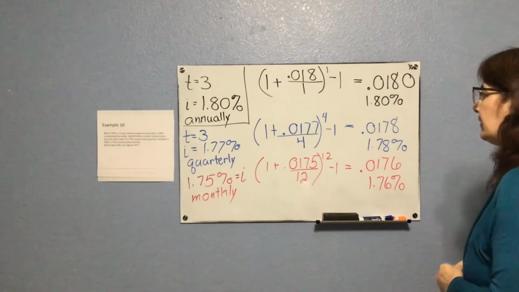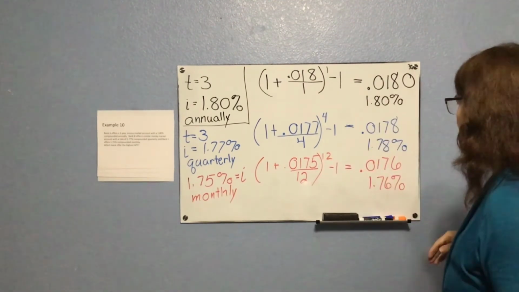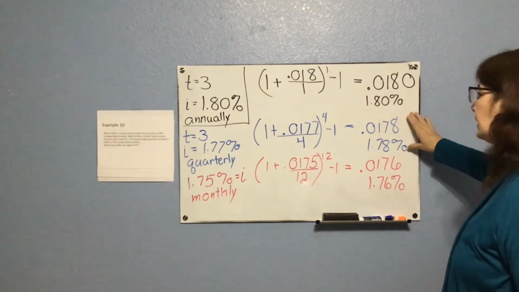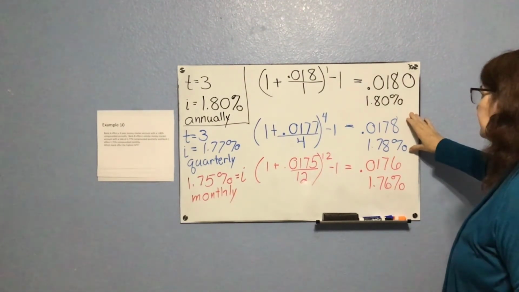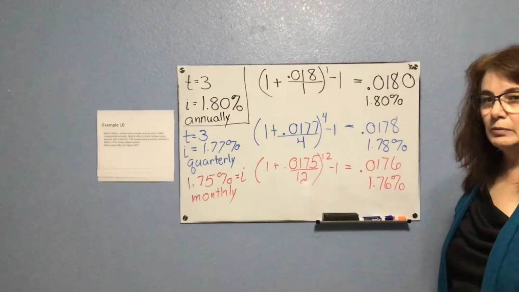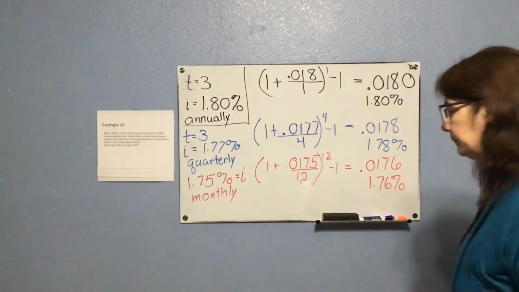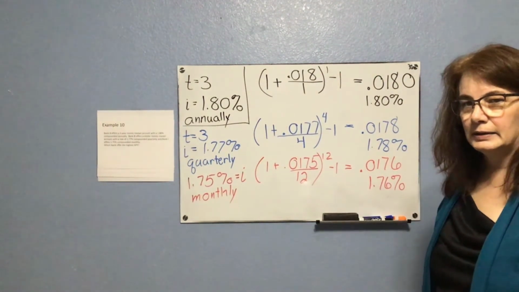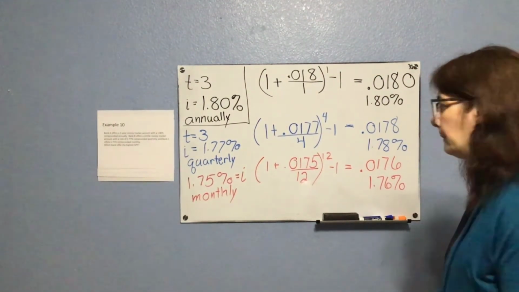So again, even though we're compounding more often, with these interest rates pretty close together, it's not enough to make one better than the other because of the more frequent compounding. You've got a problem similar to this at checkpoint 8. Let's pause the video and do that now.